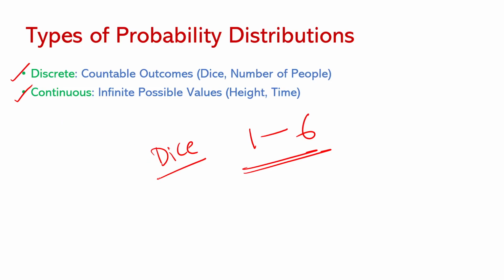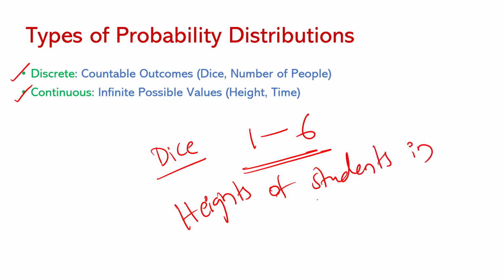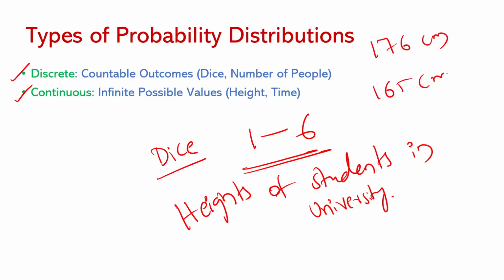Continuous probability distribution means infinite possible values. Let us say heights of the students in university. When I say this, it could vary. There is no fixed number. It could be 176 centimeter, 165 centimeter, or 195 centimeter, or it could be 158.2 centimeter.